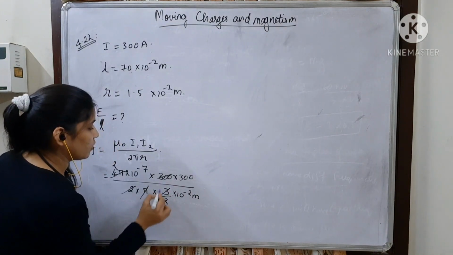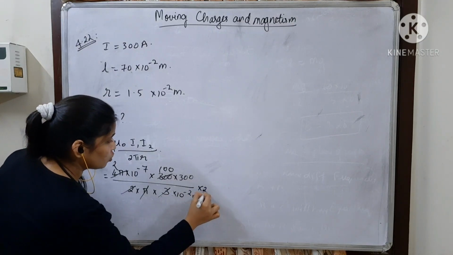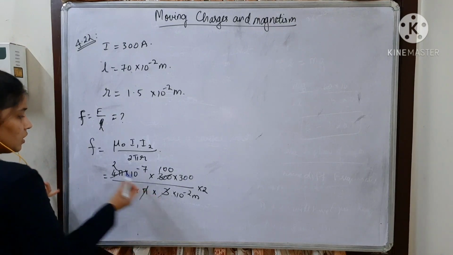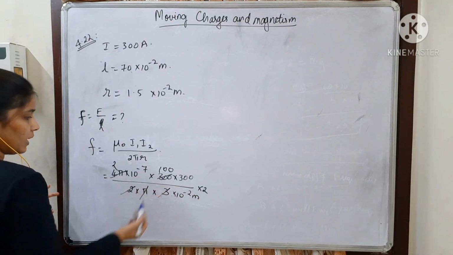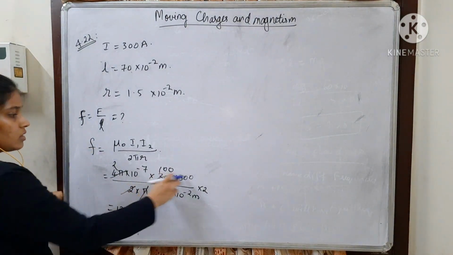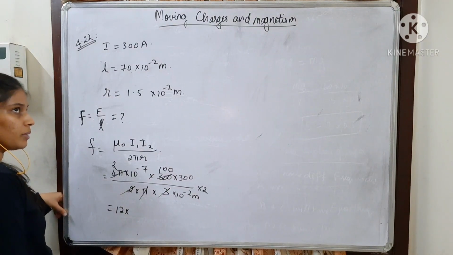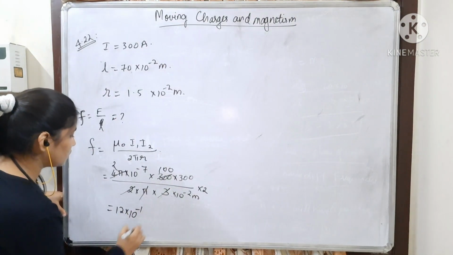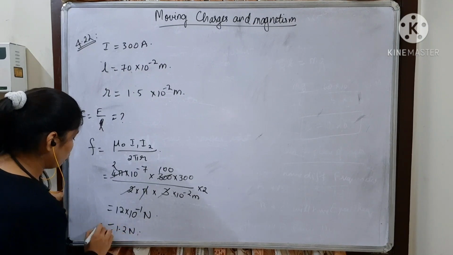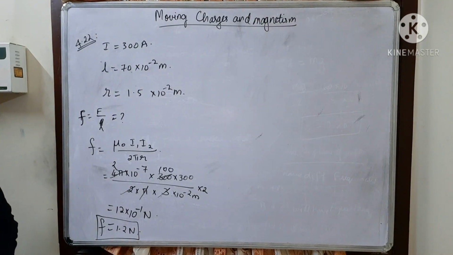To avoid any confusion, sorry for my weak mathematical skills, I'll multiply the 2 in the numerator. So what have I left with? 2 into 2, 4 into 3, 12. So that is equal to 12 into 10 power minus 7 and 10 power 4, 10 power minus 3. This goes to the numerator, 10 power plus 2, so that is 10 power minus 1 Newton, or I can write 1.2 Newton. So this will be the force per unit length between the two wires.